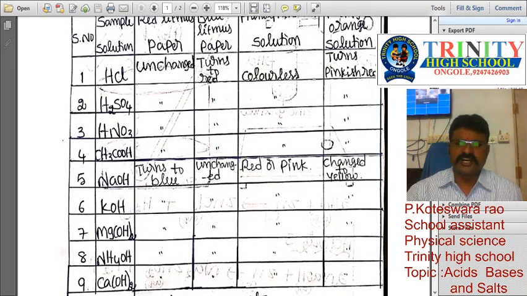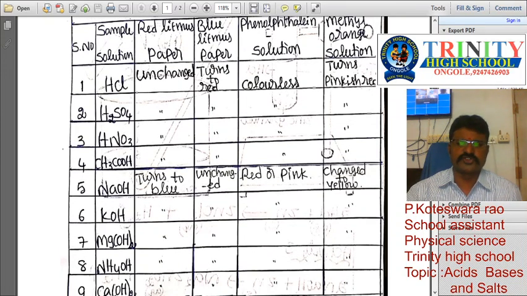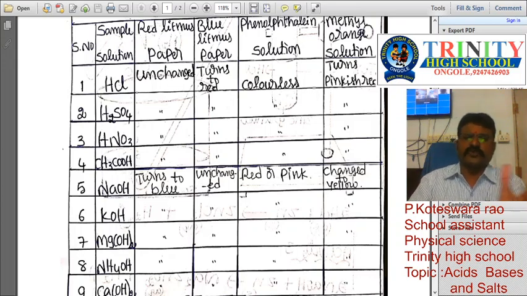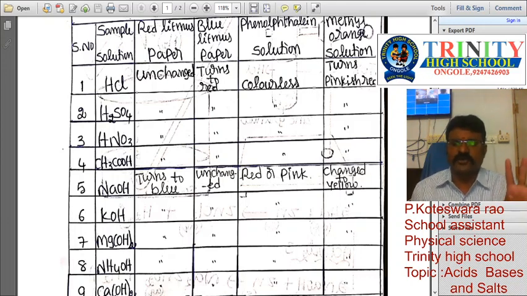So these are all the different types of samples which we collected from our laboratory. The 4 types of indicators are also ready, with the watch glasses. How many watch glasses here? You have already taken 4 watch glasses.